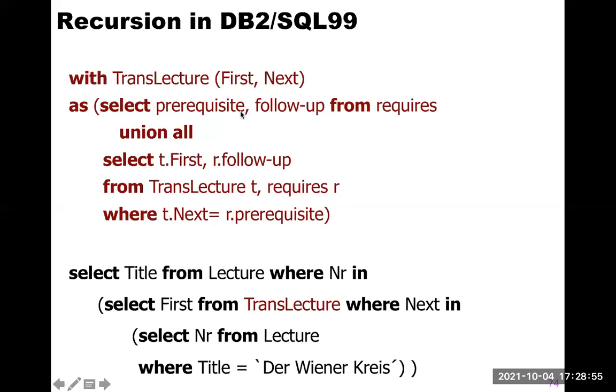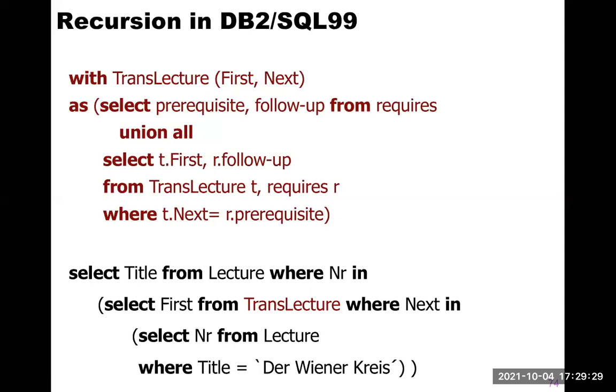Execute the first selection once, and then execute the second, and then once more, and then once more. And each time, if select returns something, it is added to translecture, and the next time we execute it, translecture is bigger, has new records, and we may reach something new, joining it with requires. So each time we re-execute this selection, translecture has more and more records.